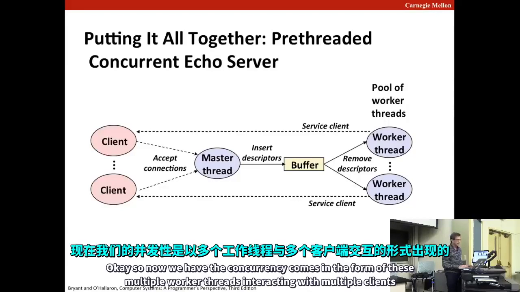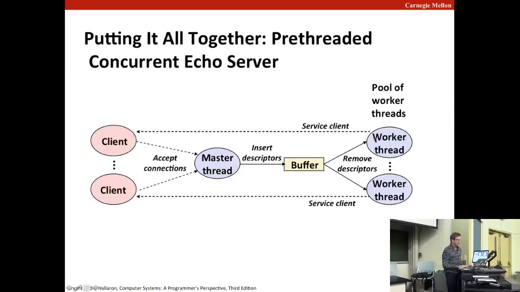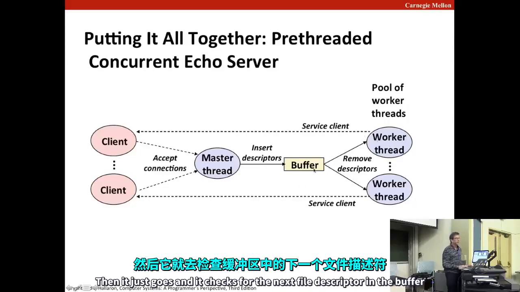So the concurrency comes in the form of these multiple worker threads interacting with multiple clients. And when a worker thread finishes servicing a particular client, it just goes and checks for the next file descriptor in the buffer.